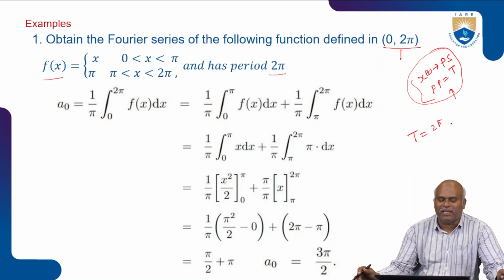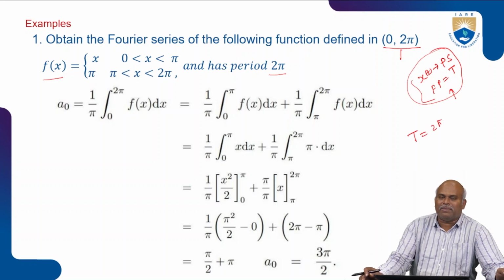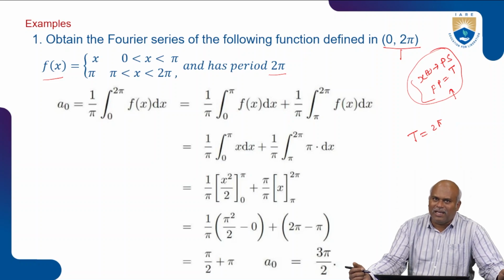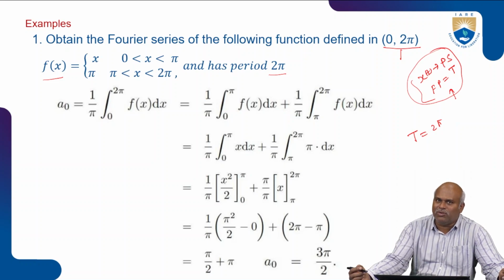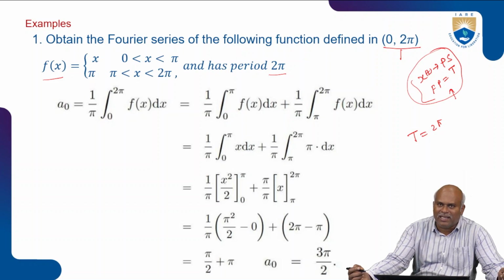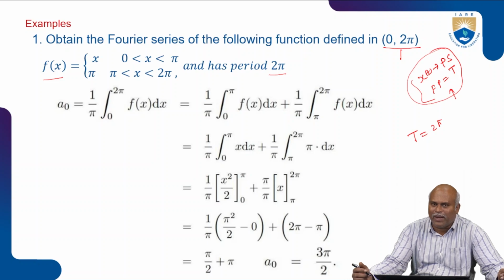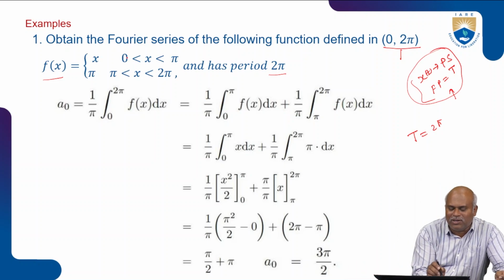Okay, in the sum they have given: find the Fourier series of the following function defined in 0 to 2 pi. f of x equal to x for 0 less than x less than pi, and pi for pi less than x less than 2 pi. Now you see 0 to 2 pi is going to happen.